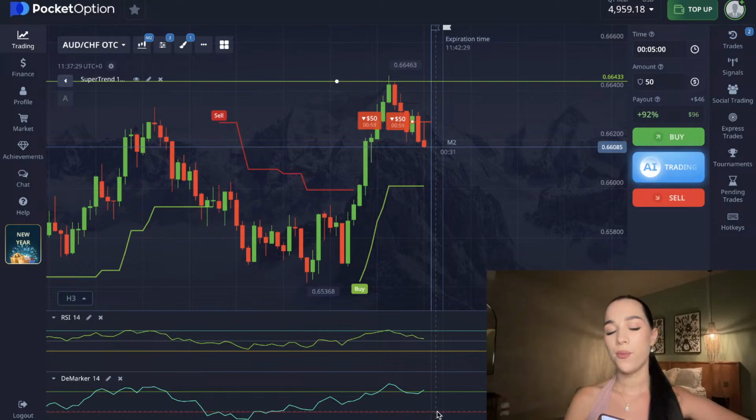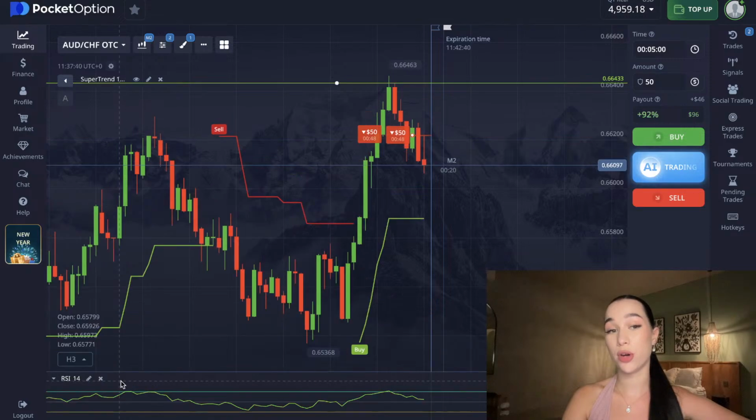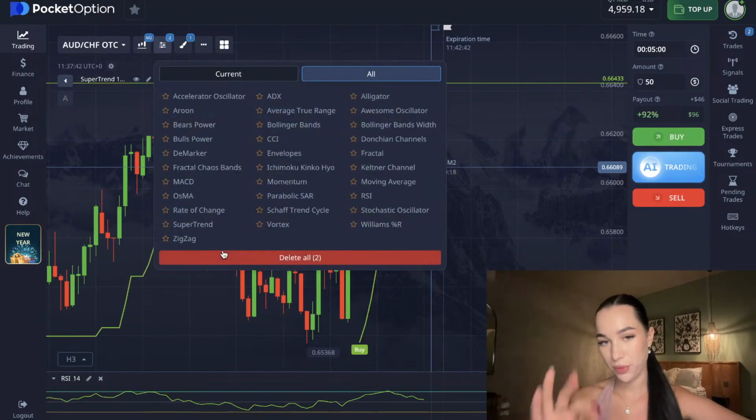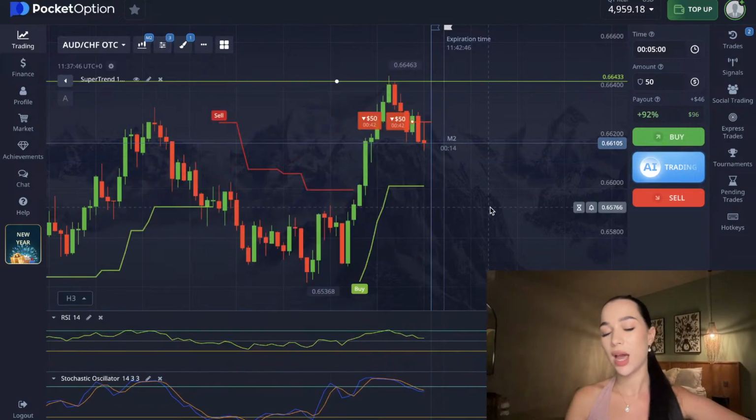Actually, the Marker indicator sometimes also gets me wrong. Sometimes it's giving too many fake signals. So that's why I prefer RSI more. It's much easier to read. Stochastic is also pretty nice. I will explain it to you now.